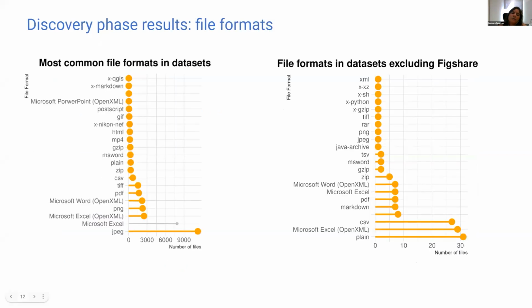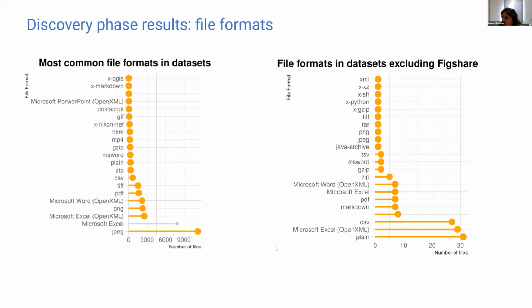And if we think about the file formats, the analysis revealed a notable lack of standardization in terms of files and formats. In this first graph here, we noticed that most of the files are JPEG pictures, and this is mainly from Flickr.